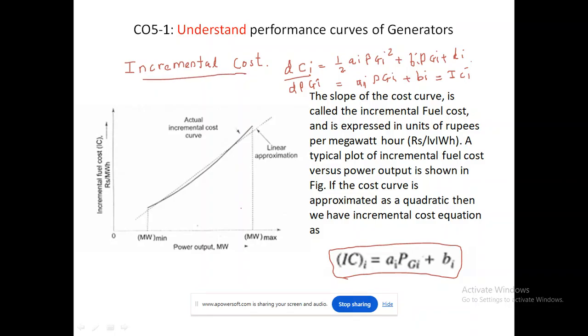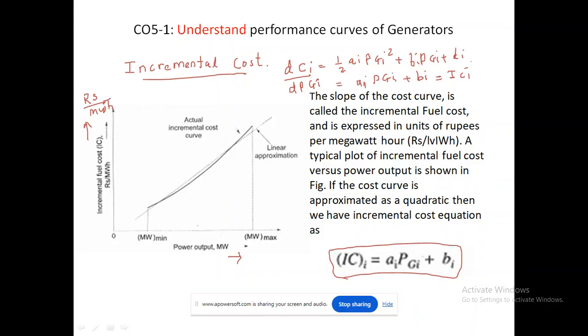Here it is shown, the incremental cost curve of a typical power plant. Let me show you, on the x-axis we have the power output, and on the y-axis we have incremental cost. The unit for incremental cost is rupees per megawatt hour, because we are differentiating.